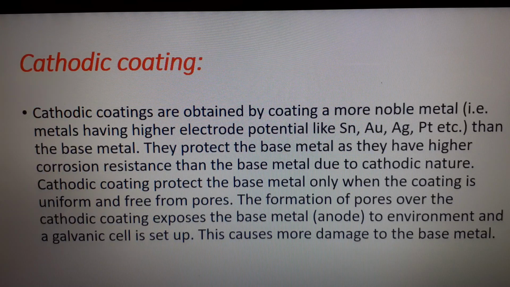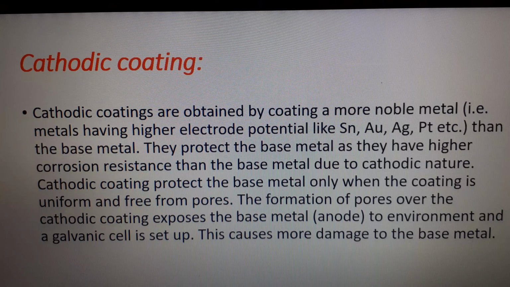Now, the second is your cathodic coatings. Cathodic coatings are obtained by coating a more noble metal having higher electrode potential than the base metal. They protect the base metal because they have higher corrosion resistance than the base metal. Cathodic coating provides effective protection to the base metal only when it is completely continuous and free from pores, breaks or discontinuities.